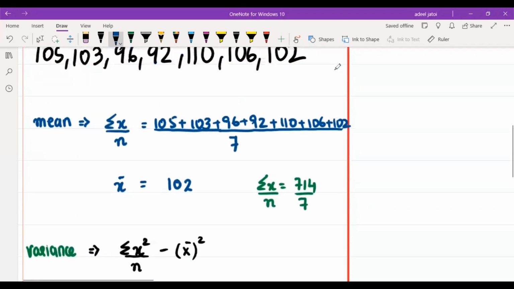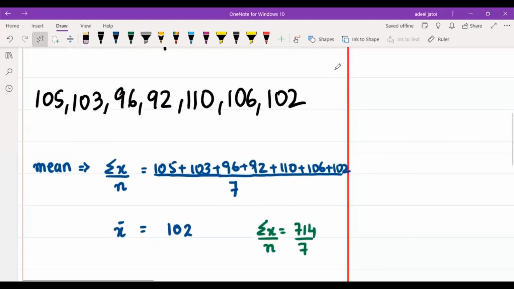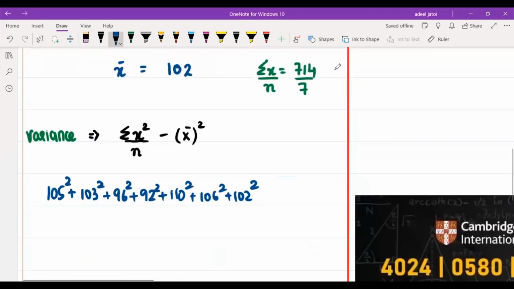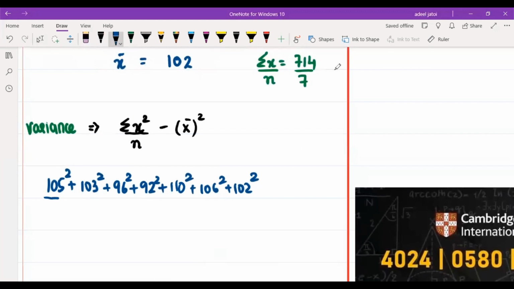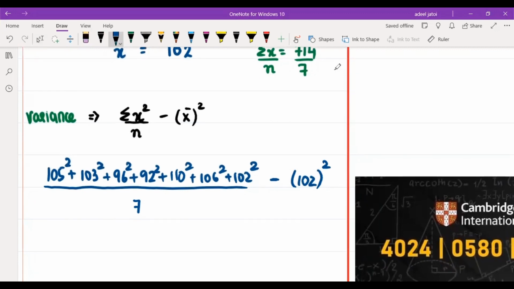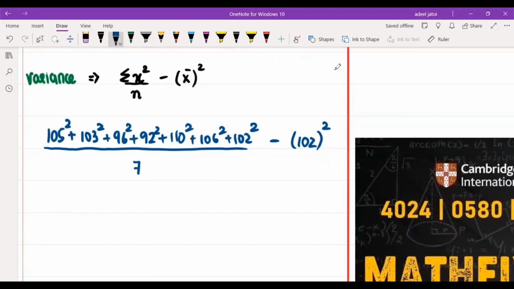Each number given at the top has been squared. Then we divide by 7 because 7 was the total number, and subtract 102 square, that means mean square. In this way we get the value of variance.